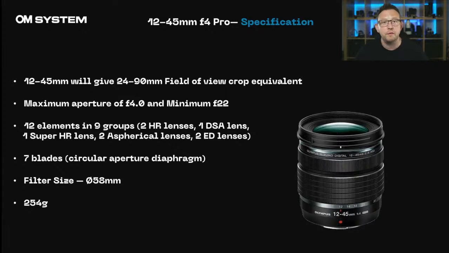And there are 12 elements in 9 groups in this lens. And we're going to talk a little bit more about how those elements work and what they do, particularly when we refer to them as, so for example, here we've got 2 HR lenses. There's 1 DSA lens. There's 1 super HR lens. That sounds exciting. 2 aspherical lenses and 2 ED lenses.